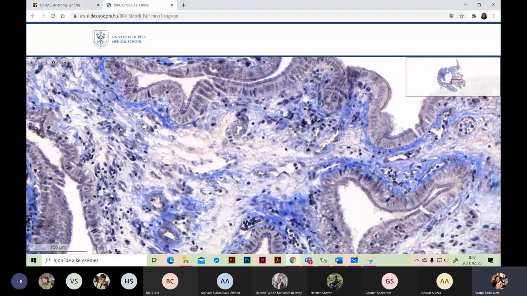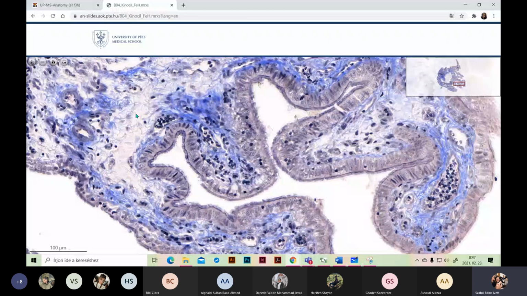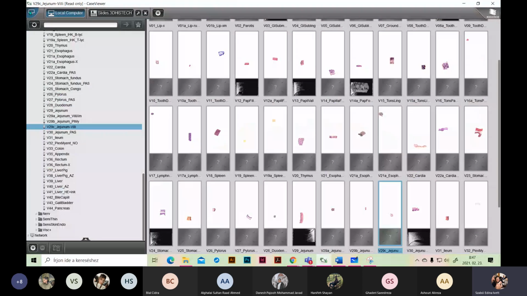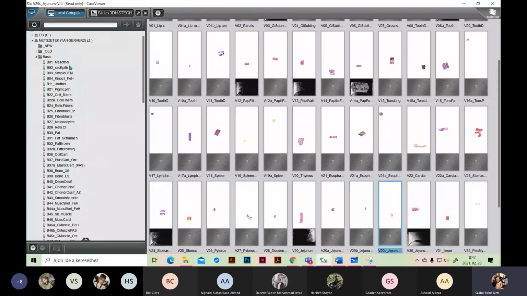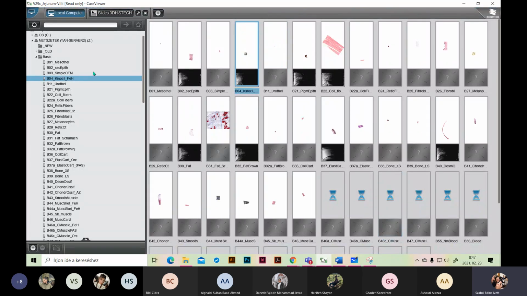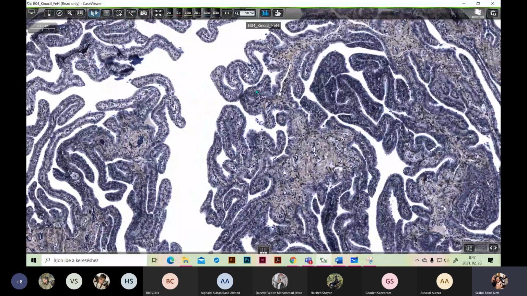Very well. I cannot find a nice region, so I show you another slide, maybe there. A moment. This is also a uterine tube with simple columnar epithelium and kinocilia.